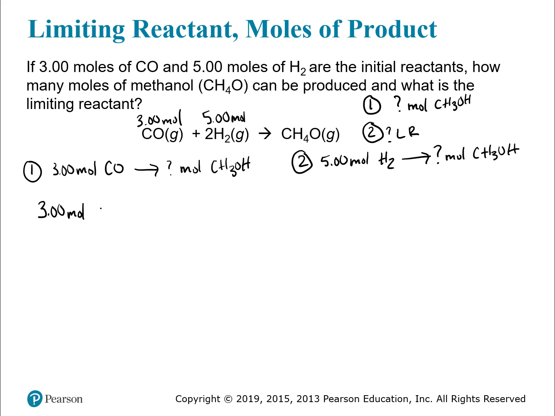Starting with 3 moles of carbon monoxide, we need a mole to mole factor. We look at the equation. There's no coefficient, so it's a 1 there. Same for the methanol. We're trying to get to moles of methanol, so that should go in the top.